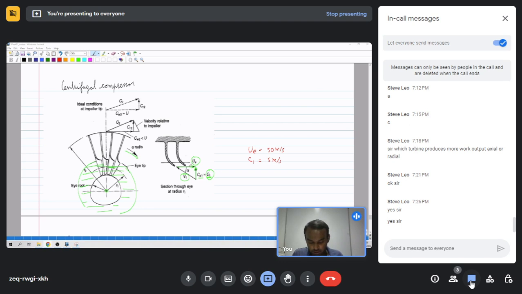And then at the outlet you have this C2, marked with CR2 and U. Again this U represents the blade velocity. It will be the same as at the inlet region, or maybe because the radius is different, the omega will be the same, but because of the radius there will be different U values at the inlet and the outlet.